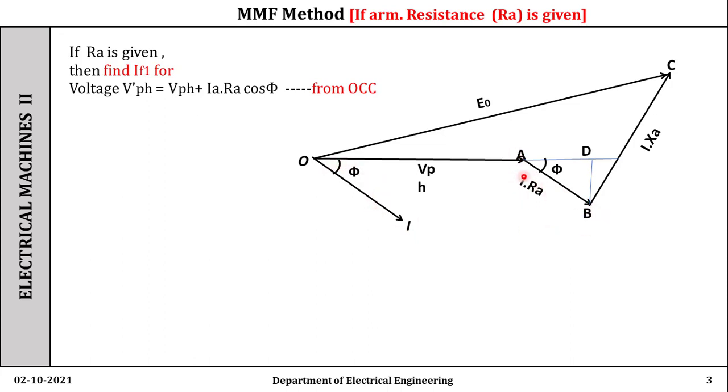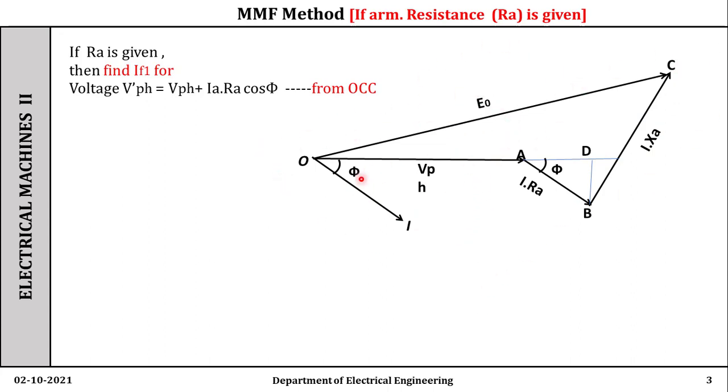AB is nothing but IARA parallel to the current phasor, and add the BC. BC is nothing but IAXA, that is the voltage drop due to the armature reaction reactance, and that is drawn perpendicular to the current phasor. Then join OC, that is E0.